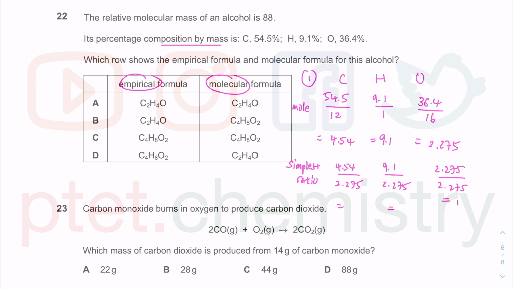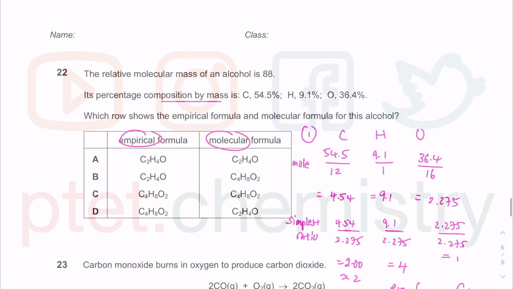We've got to evaluate. We cannot just show the working without evaluating. Just pressing on your calculator does not help at all if you don't show on paper, because especially in structured questions, if you don't show on paper, no one will know what you have done. Empirical formula is C2H4O.